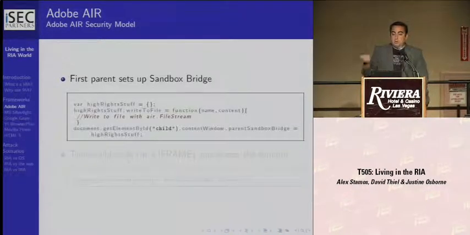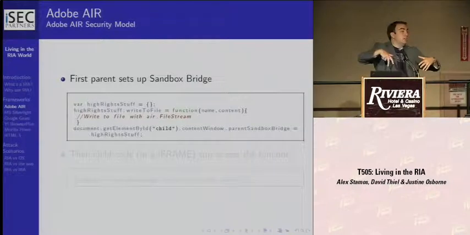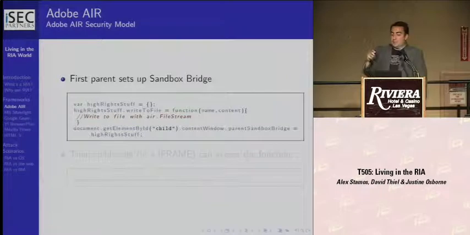Basically, the way it works is, say I have an application that runs in the application sandbox. It can do anything the heck it wants, and it wants to load up an iframe. And in that iframe is going to be untrusted code from the internet, but it has to expose some kind of functionality to that untrusted code. You create an object, like here we call the highWrite stuff object. We give it a method called write to file, and we put a bunch of dangerous stuff in there, and it takes a couple of arguments.